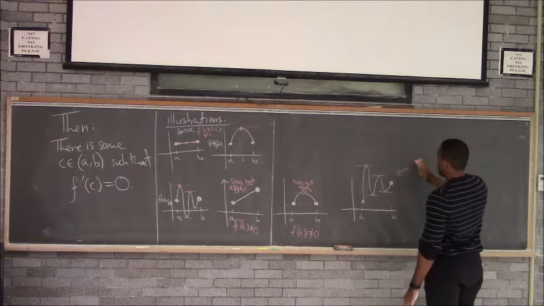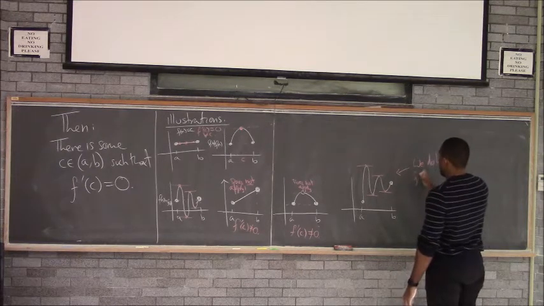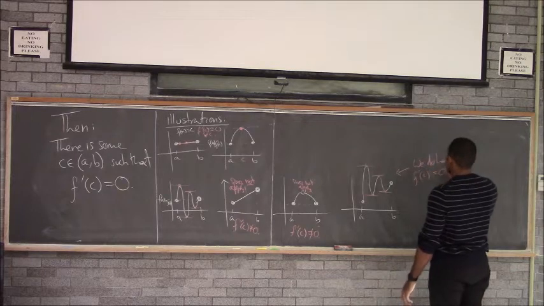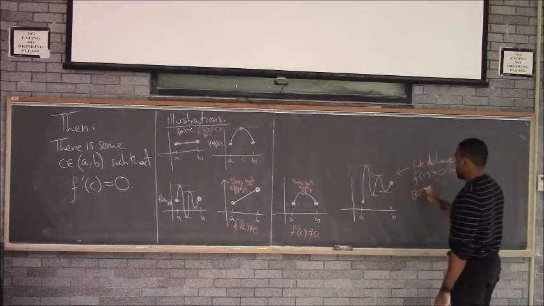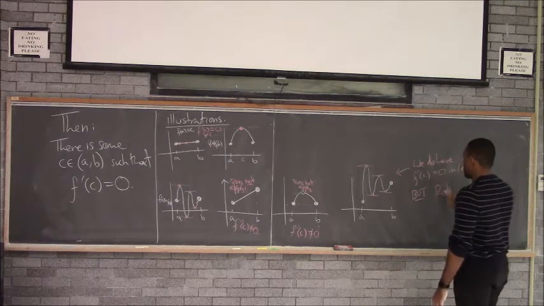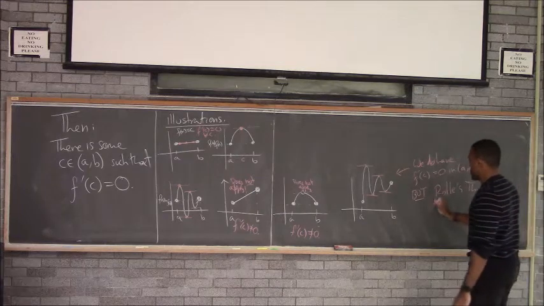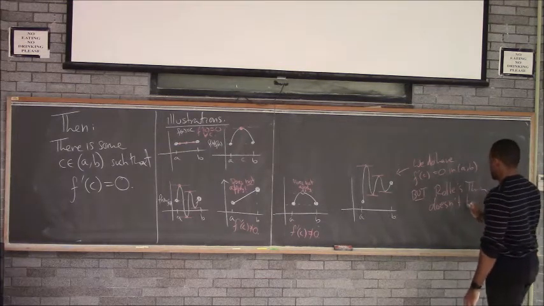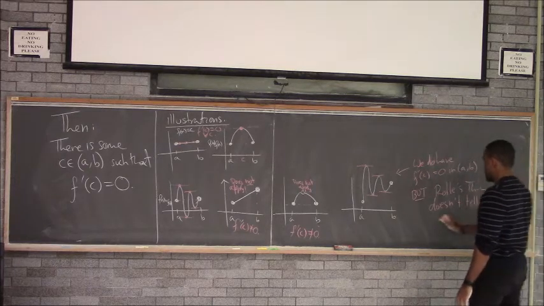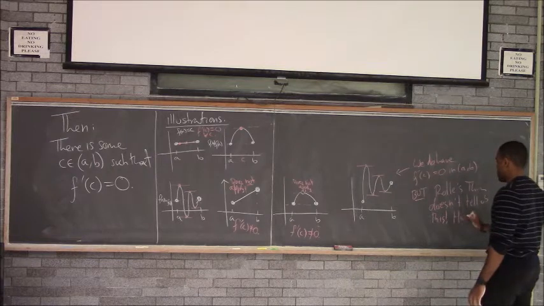What I want you to notice here, we do have f prime of c equals 0 in AB, but I just want you to appreciate Rolle's theorem doesn't tell us that. We had to figure that out otherwise.